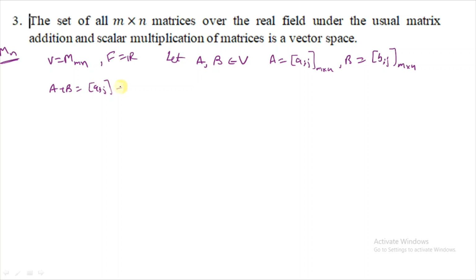Aij plus Bij, where the elements of these real matrices are real numbers. So A plus B equals Aij plus Bij, and it belongs to the vector space.